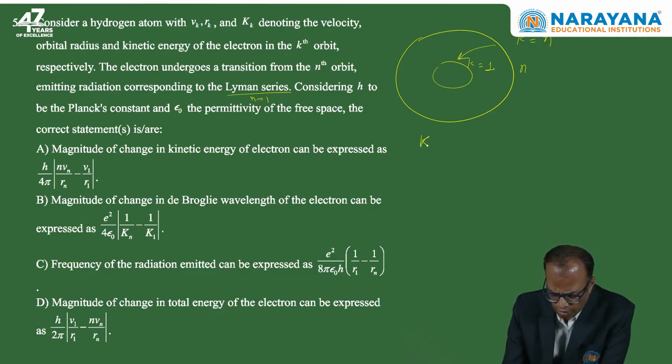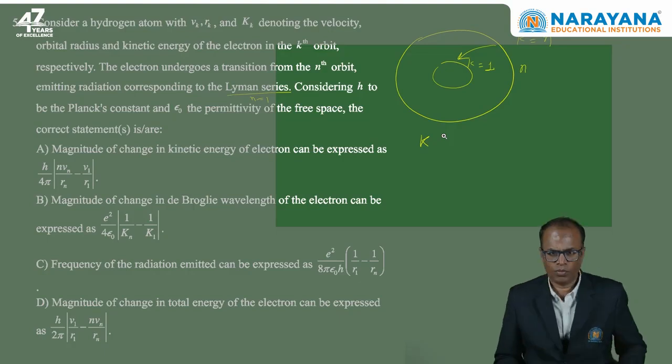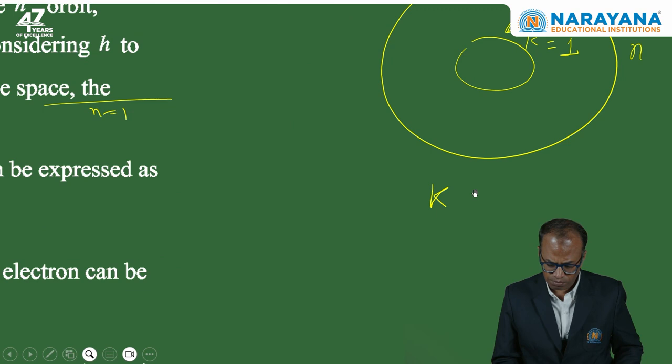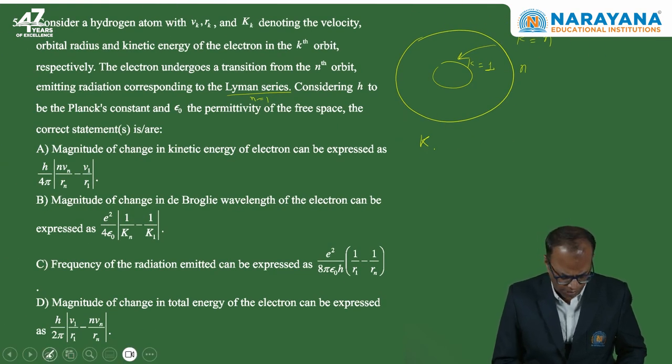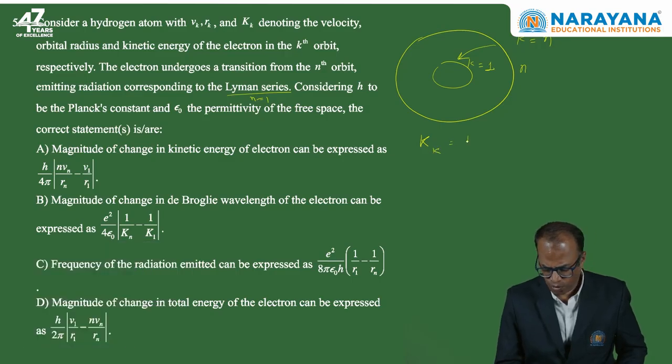So the kinetic energy in the kth orbit is half m vk square.